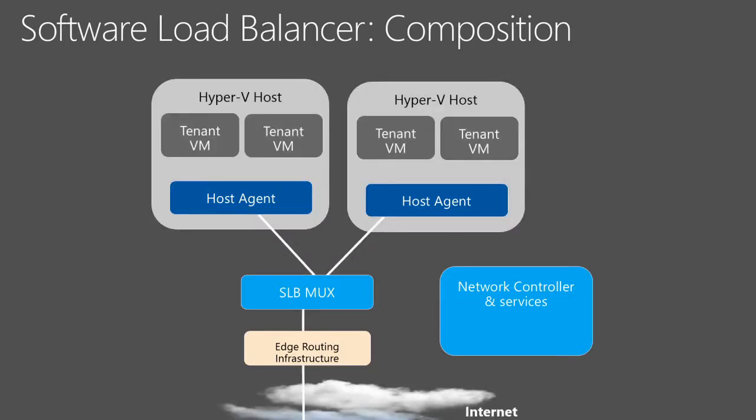Host agents live on the Hyper-V host, of course, where your tenant VMs are located. The MUX has the VIPs, as I said, and it spreads the traffic to the back ends. We also have an SLB manager that runs in the controller. This is what receives all the APIs, defines the APIs that you program against, or that Azure Stack will use to call into the controller to program the SLB.